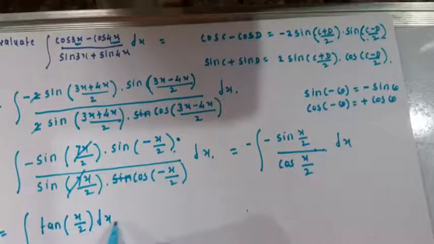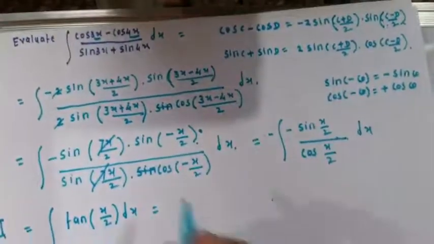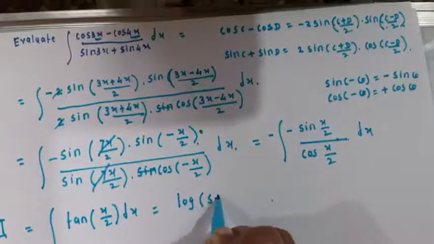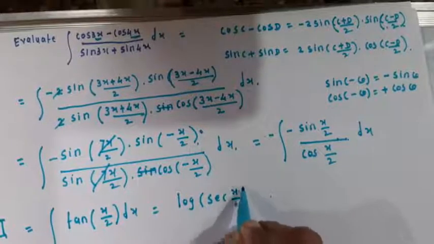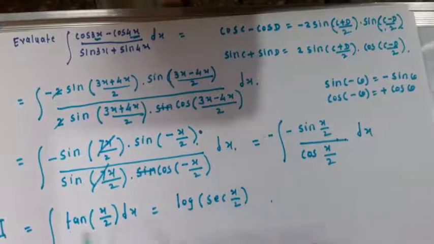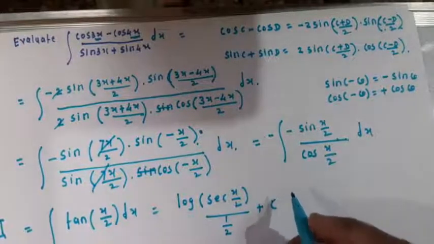With respect to x. And now the integration I equals integration of tan of x by 2, that is log of sec of x by 2, and now the differentiation of x by 2 is 1 by 2, divided by 1 by 2, plus the constant of integration c.